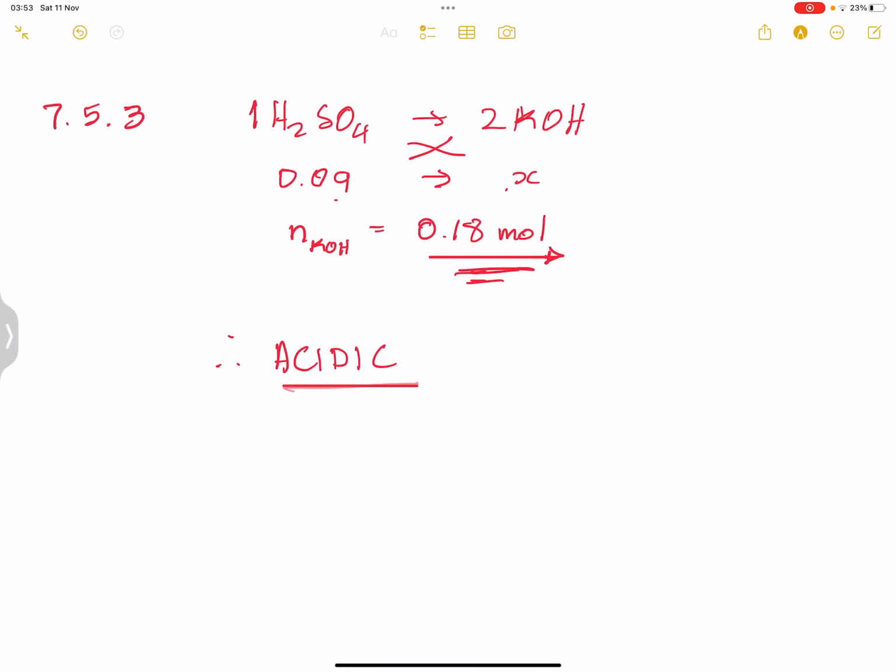That is how the cookie crumbles. Of course, you could have also checked using the potassium hydroxide. You'd still be able to see that the acid would be in excess, and so the final solution is acidic.